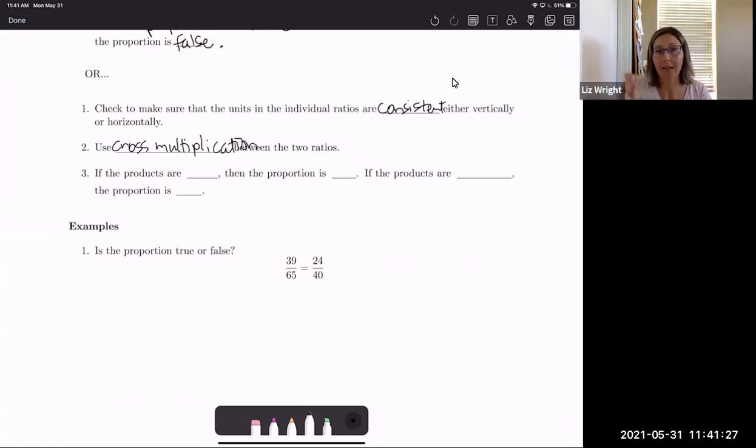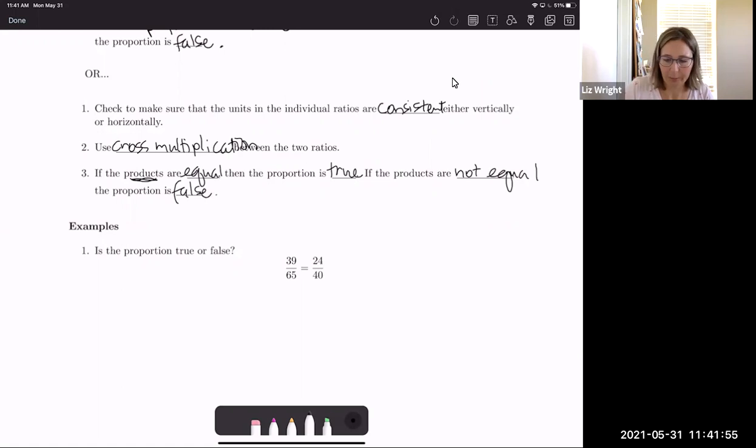If the products are equal, then the proportion is true. Product is the answer to a multiplication problem, so if you need to write yourself a note, write that down. If the products are not equal, the proportion is false.